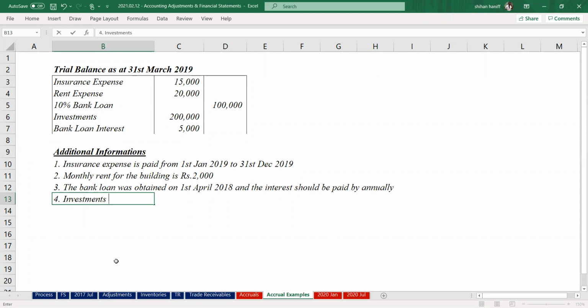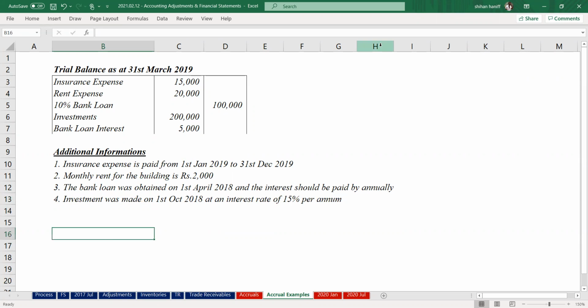Investments were made on 1st October 2018 at an interest rate of 15% per annum.